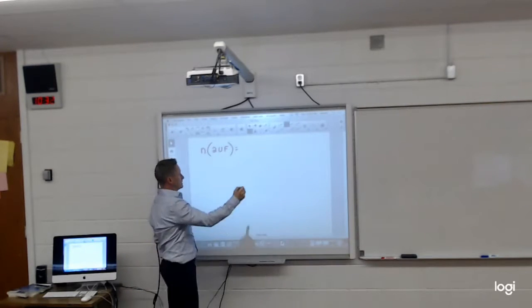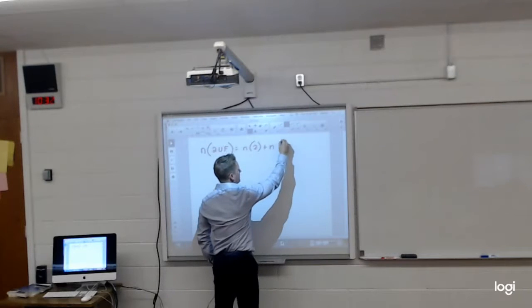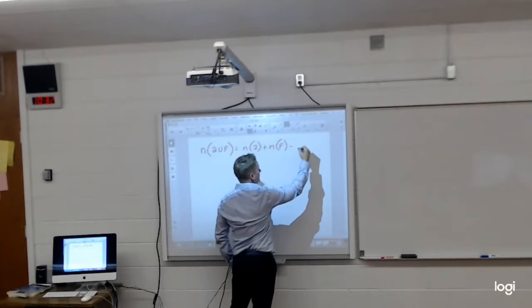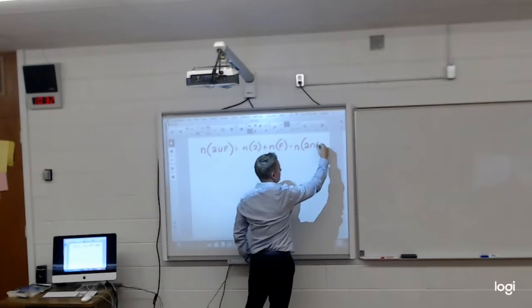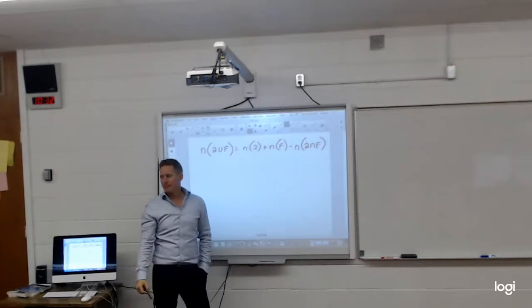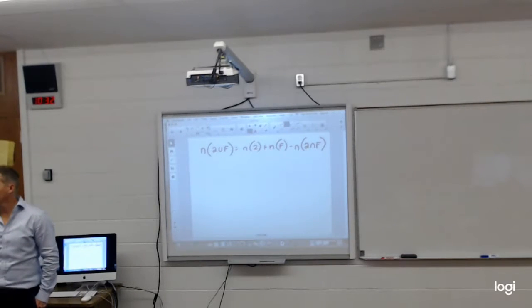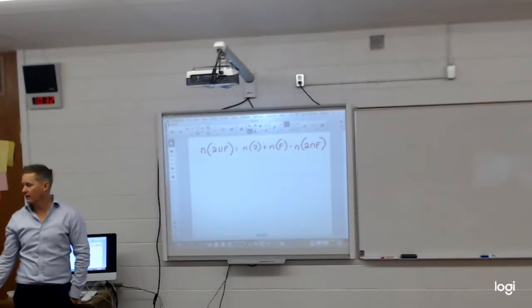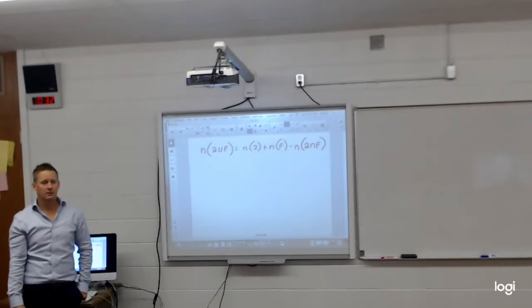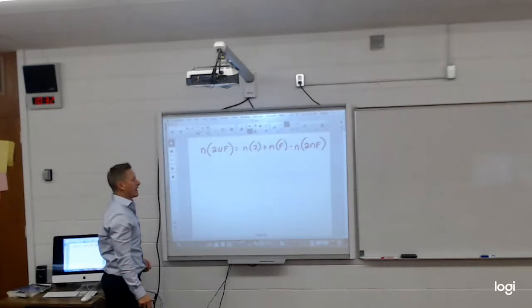So just a second. That means I want the number of 2s plus the number of face cards minus the number of 2s that are face cards. Jack, Queen, and King, the ones whose face is on. How many 2s are there in a deck? 4.